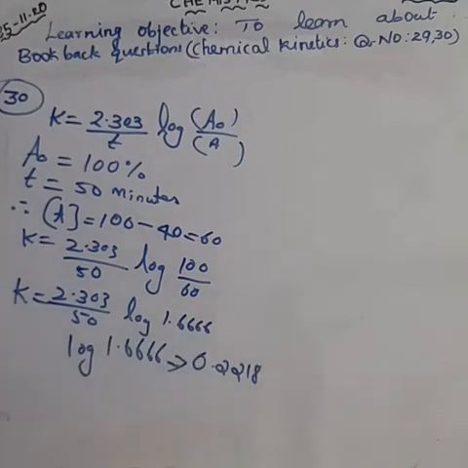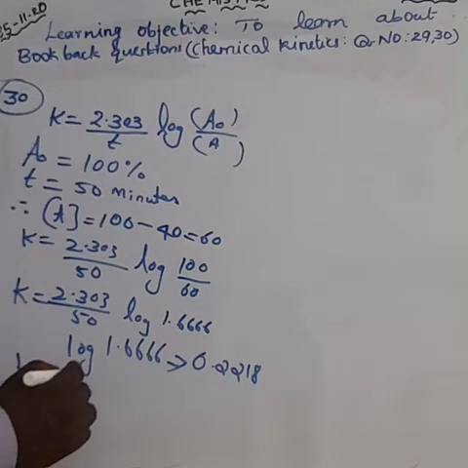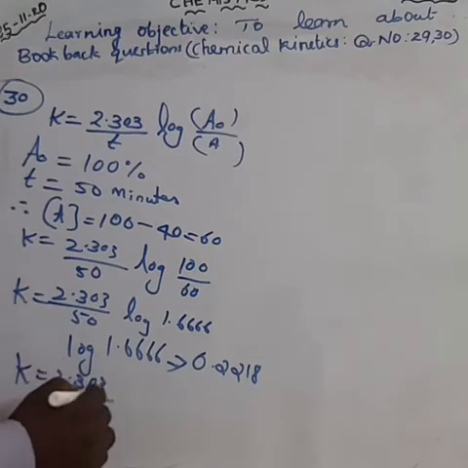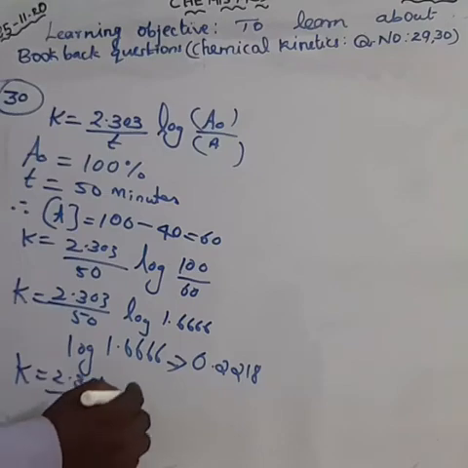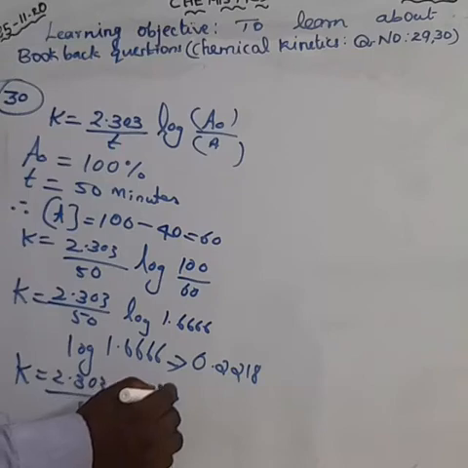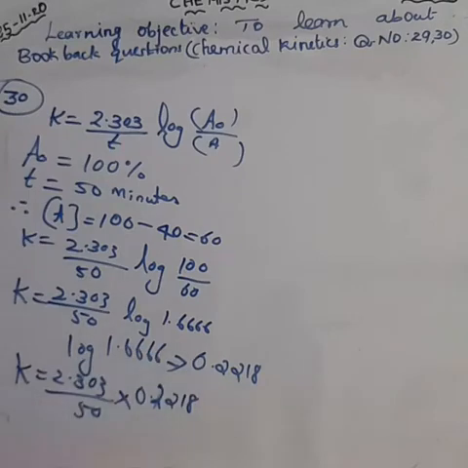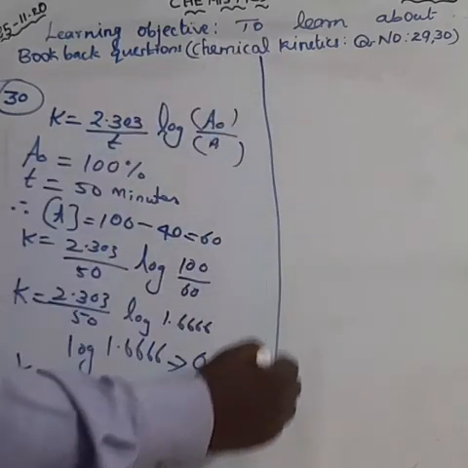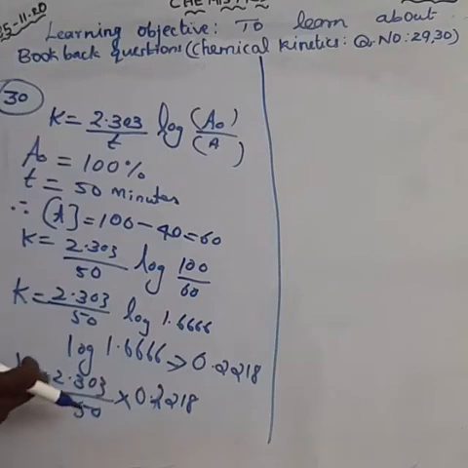This is the value. So we can substitute here: K is equal to 2.303 divided by 50 into 0.2218.